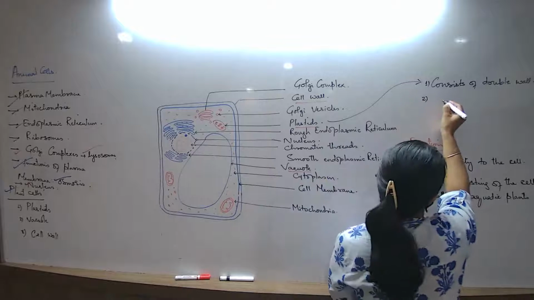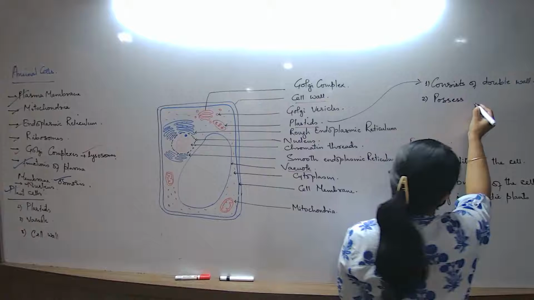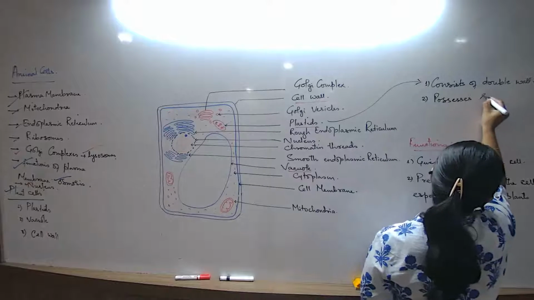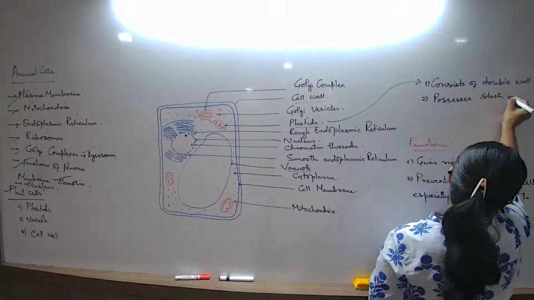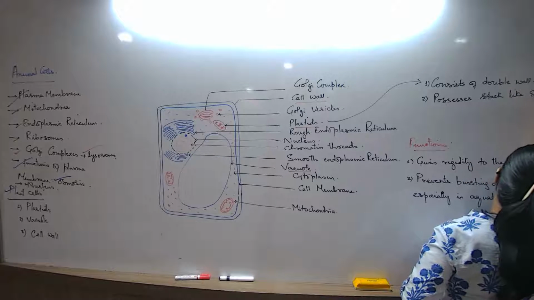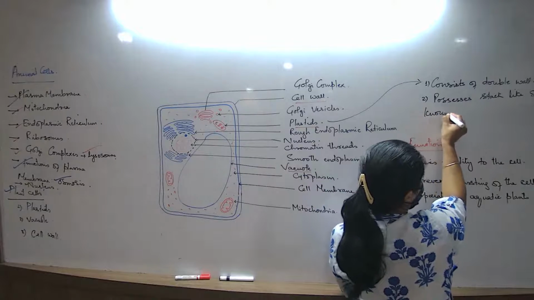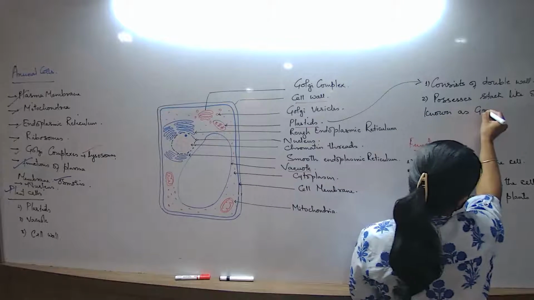Number 2, possesses stack-like structures known as grana.